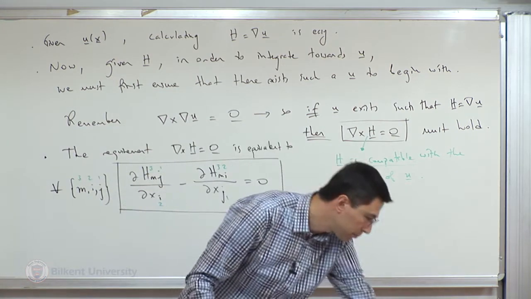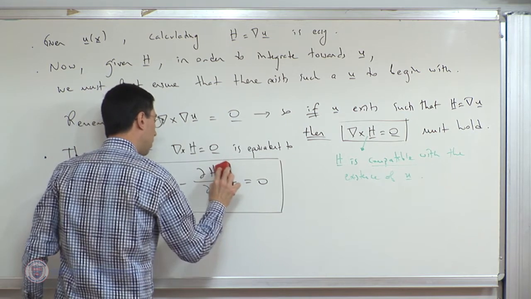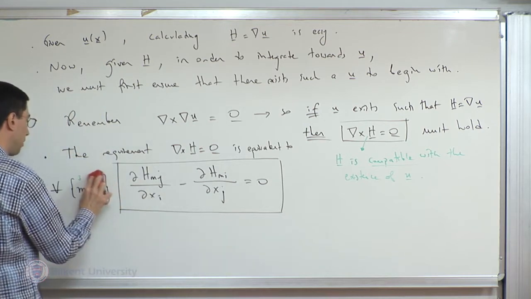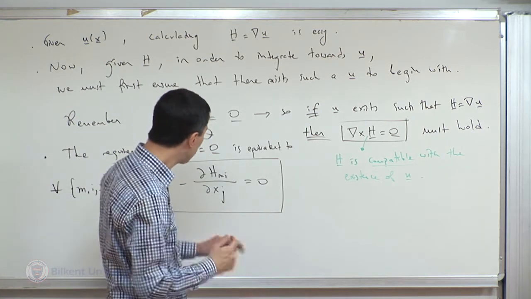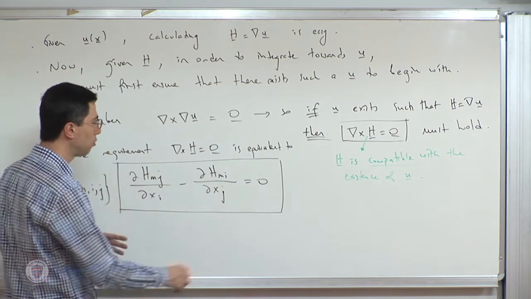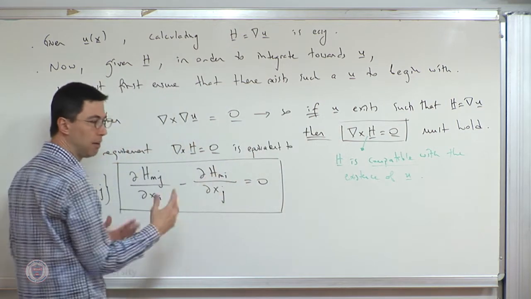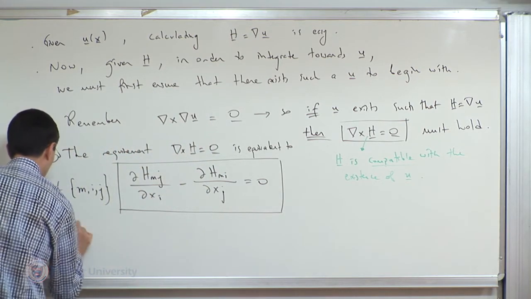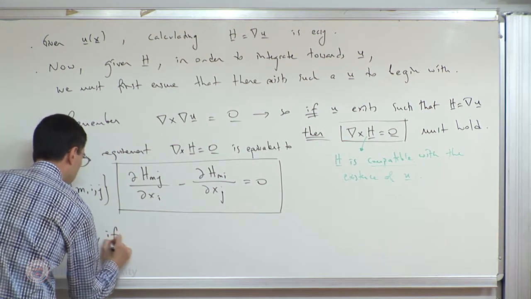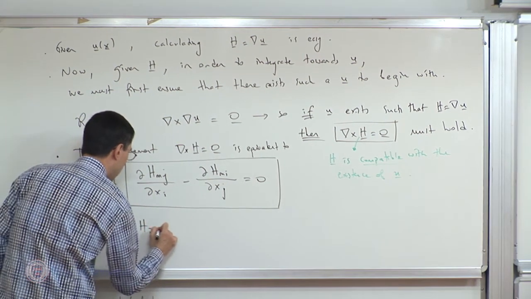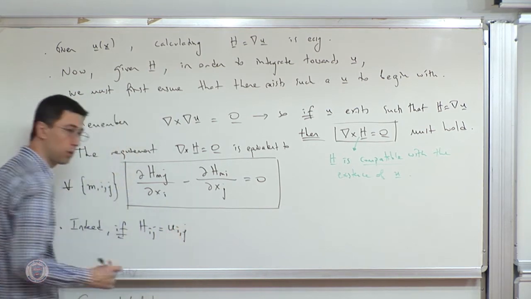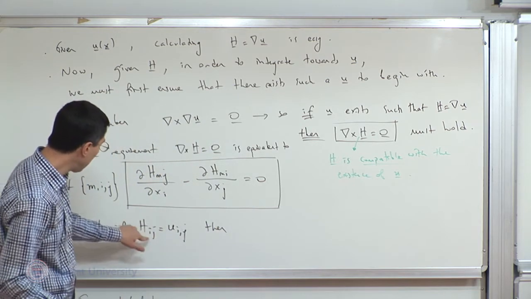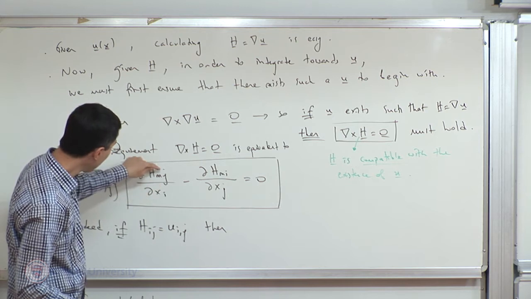Now, we could have done the same thing before for the previous example. I didn't, but let me just check to make sure that this is a reasonable requirement. I told you that this is equivalent to that, but let me show you that it is indeed so. If h_ij is u_i,j, which is the definition of displacement gradient, then I'm going to plug the expression for h in there.